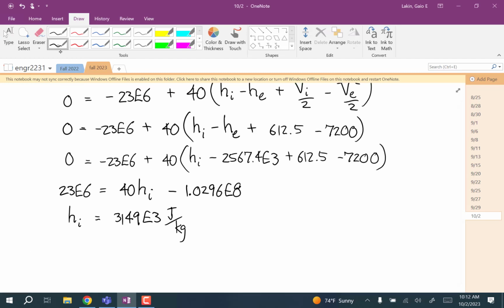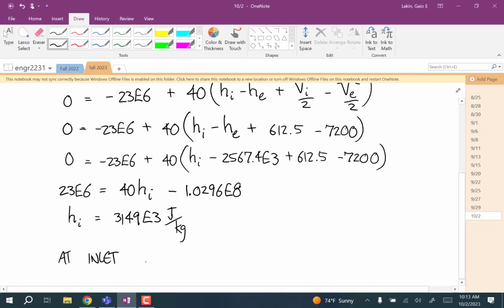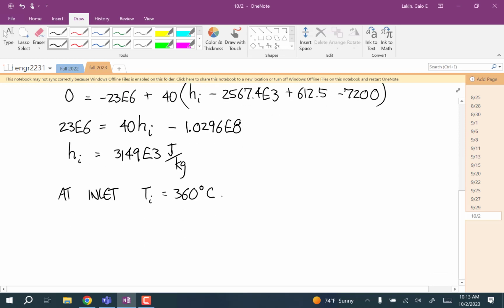Okay, so now what we know at the inlet is that we have a temperature of 360 degrees Celsius and the specific enthalpy is 3149 times 10 to the third joules per kilogram. Well, at the inlet, this is steam, so we can't use that saturation table for this.